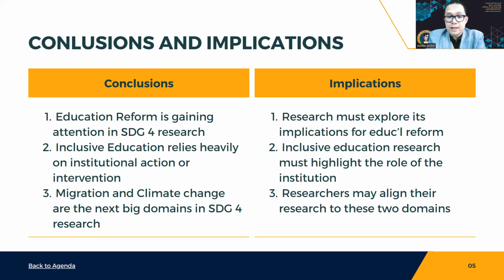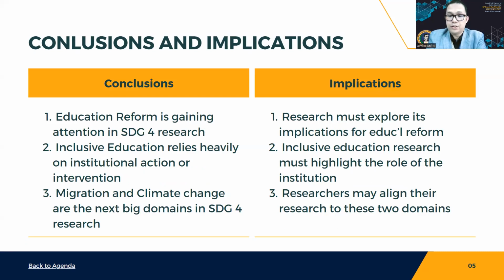Education reform is gaining attention in SDG 4 research. So research must explore its implication for educational reform. When we do research related to SDG 4, we have to take into consideration the educational reform that our research can potentially contribute to. Another conclusion, inclusive education relies heavily on institutional action or intervention.